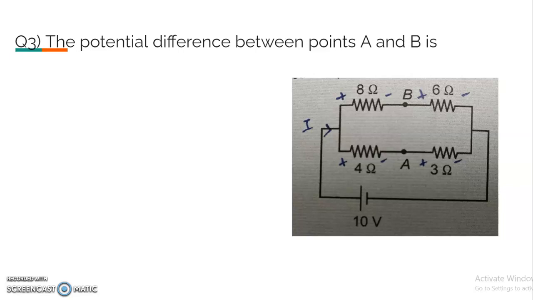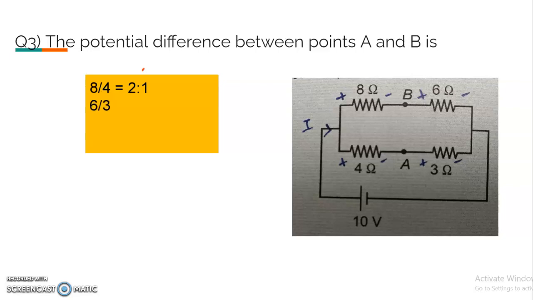See, we simply try to take the ratio of each of these resistances, alright. So it is going to give us 8 by 4. Okay, let me just write this. 8 by 4 equal to 2:1, and 6 by 3 is also 2:1.